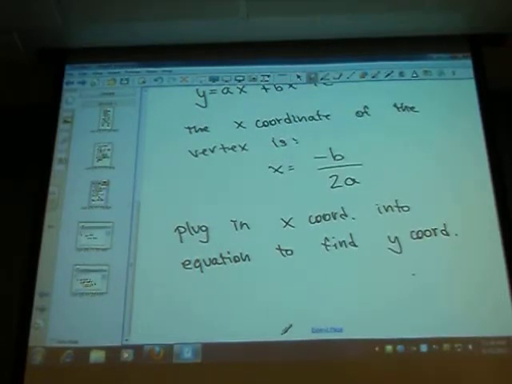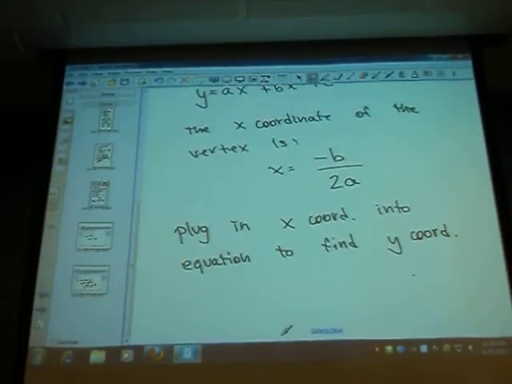So it's going to be divided by 2 times negative 3. Negative times negative is going to be a positive. So it's going to be 1.